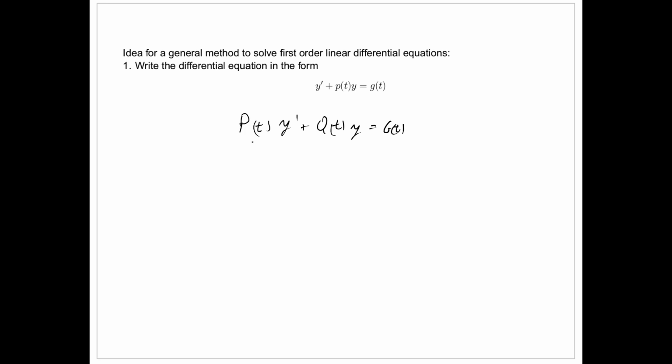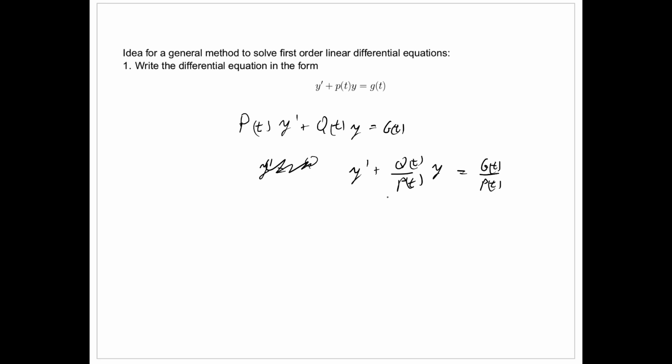If we just divide through by capital P of t, we get y prime plus Q of t over P of t, y equals g of t over P of t.